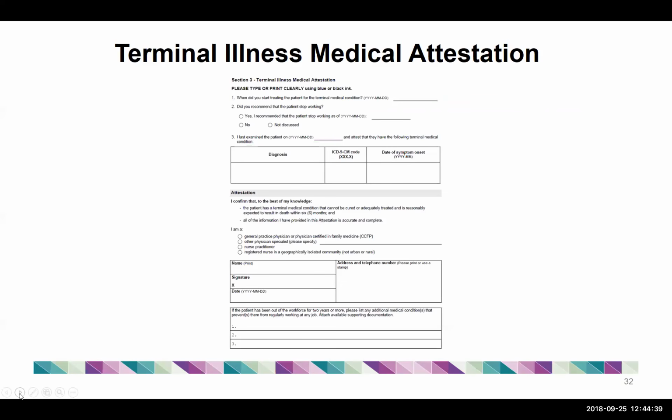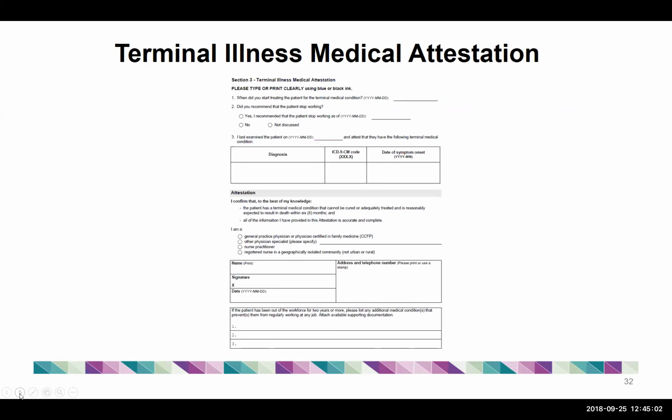So turning to the next slide, we have a screenshot of the terminal illness application. So in section 3, this is really the meat of the attestation. So we're basically asking you 3 very simple questions. When did you first start treating the patient? Did you recommend that they stop working? If so, when? Again, that date may be helpful in setting the payment date.